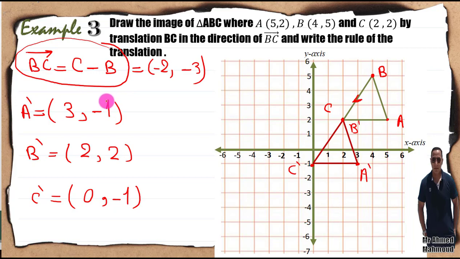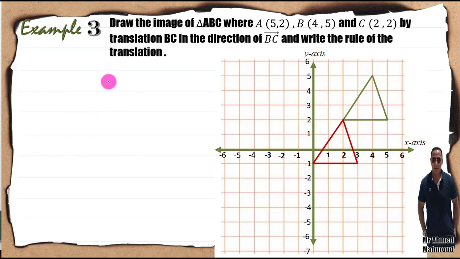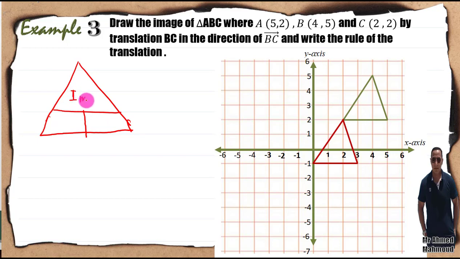Okay, look at me. Here we have a new concept, a magic triangle, and it is very, very important. In this magic triangle, we are going to write the image up, and here I'm going to write point, and here I'm going to write translation.